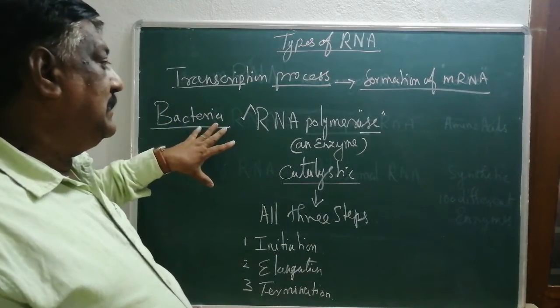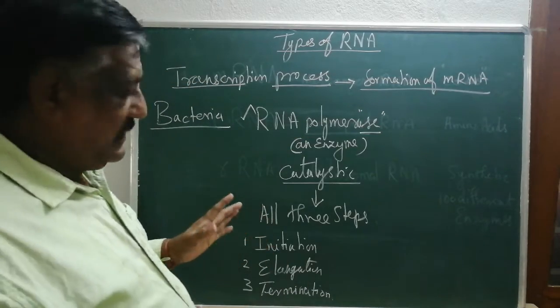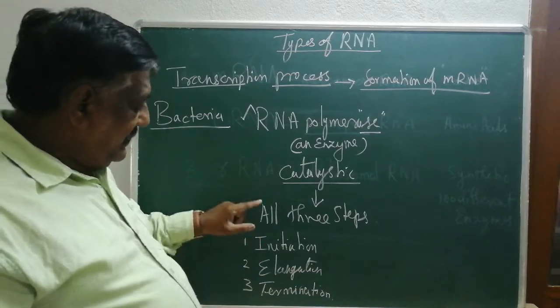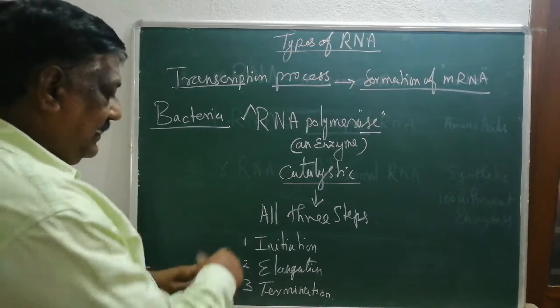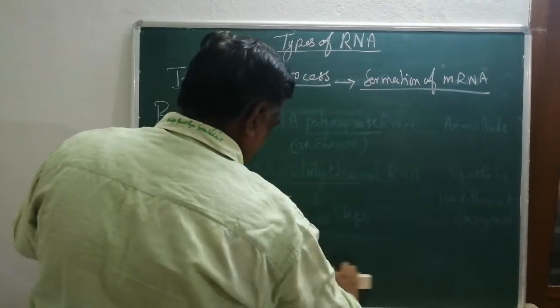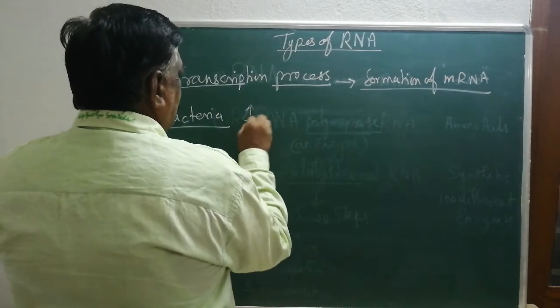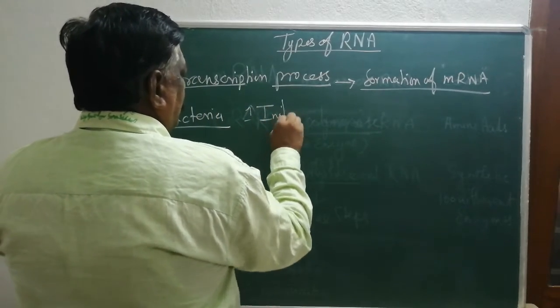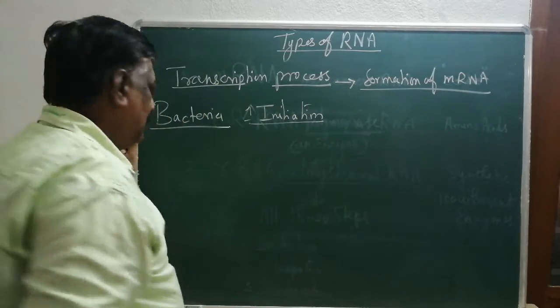But whereas in eukaryotic cells it is different, right? So we are going to see how this initiation, elongation and termination takes place. Okay, these three steps we are going to see. The first one is initiation. How does it get initiated?